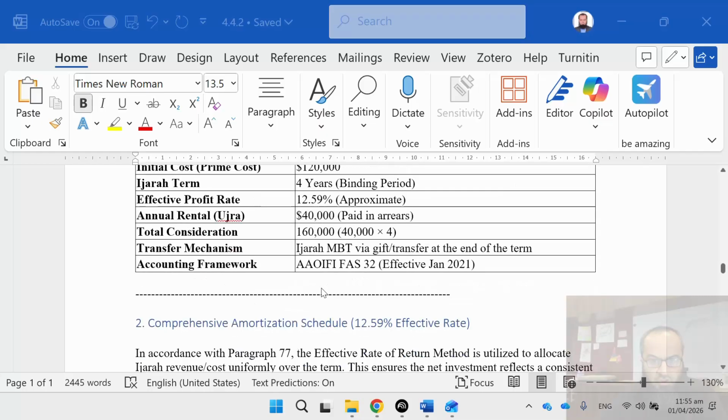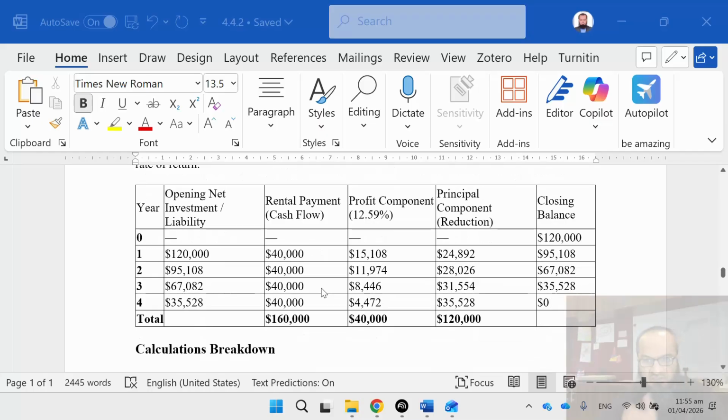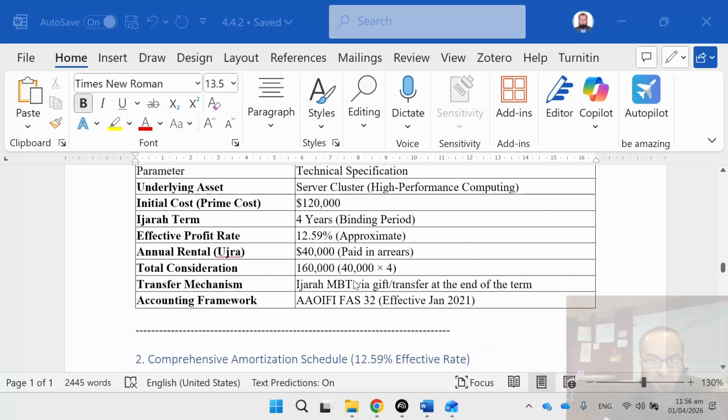So had it been a finance lease, a capital lease, a conventional lease, this 120,000 would have been treated as a loan, and under the effective interest method, what should have been the amortization schedule of this loan. So this will also tell us the income that has to be recorded under the effective return rate method. Keep in mind the total income is 160 minus 120, 40,000.